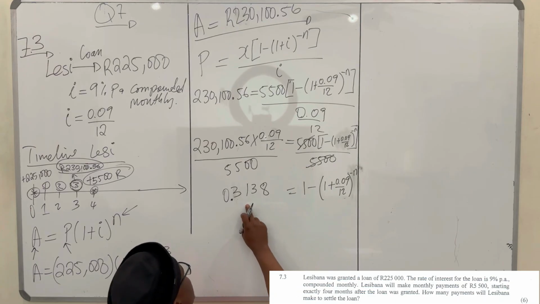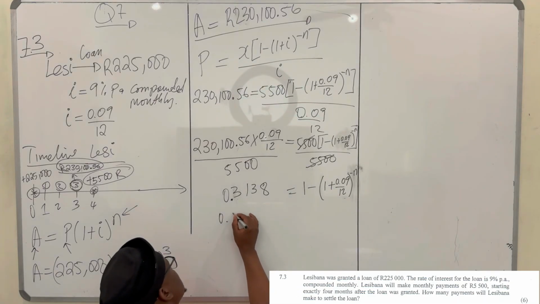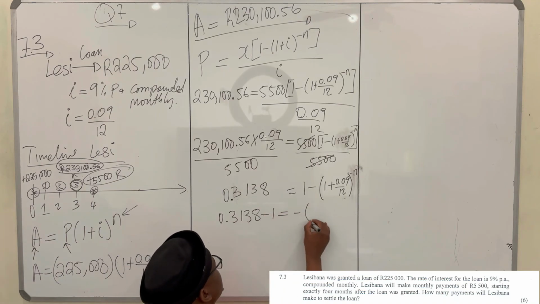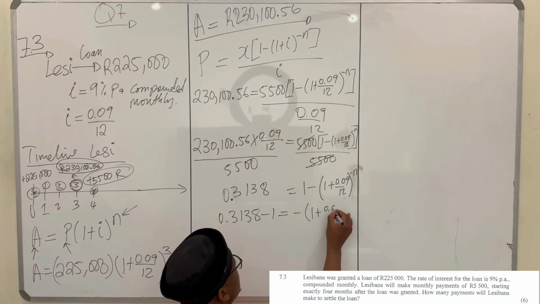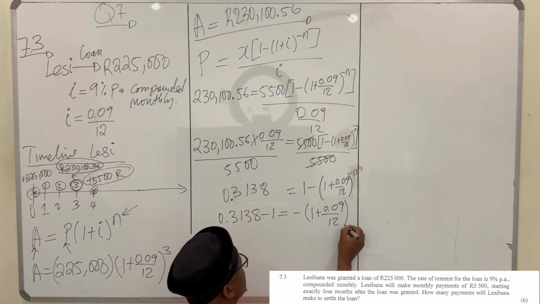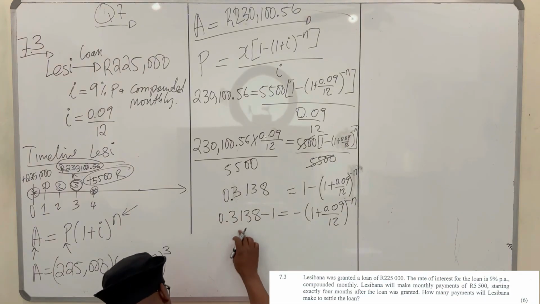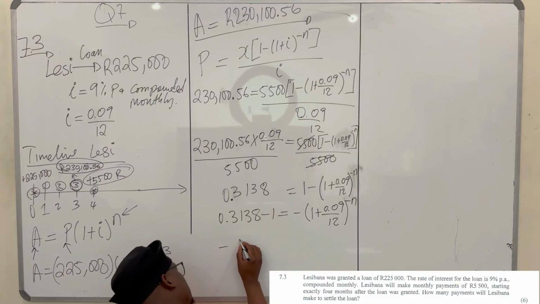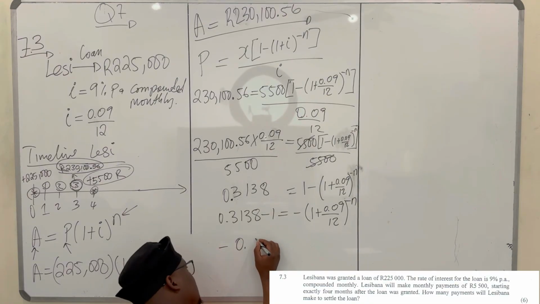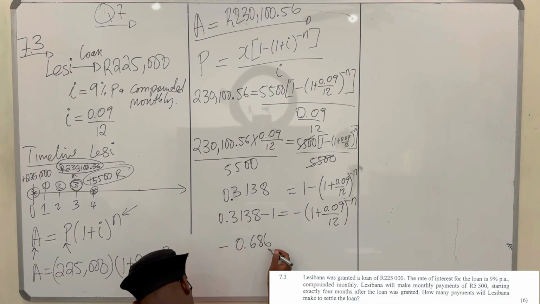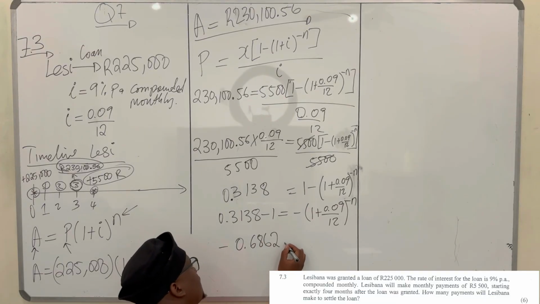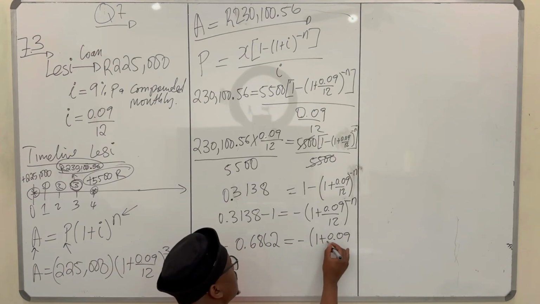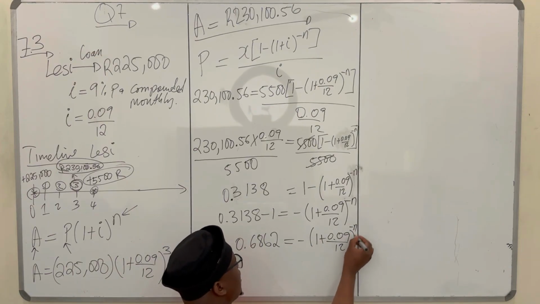Transpose the 1 to the side. So we have 0.3138 minus 1 is equal to negative (1 plus 0.09 over 12) raised negative n. So find the answer to this. We get that it's negative 0.6862, equal to negative (1 plus 0.09 over 12) raised negative n.